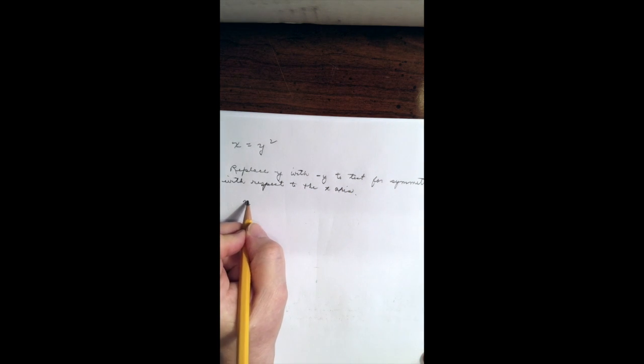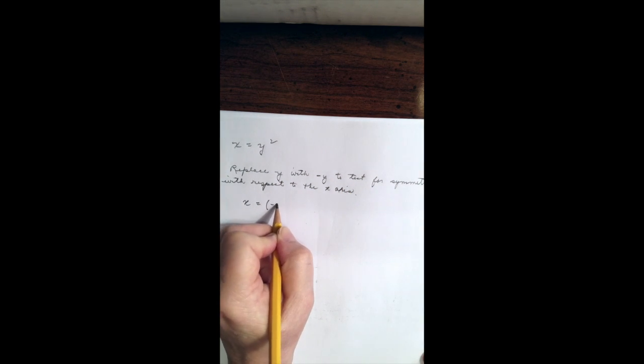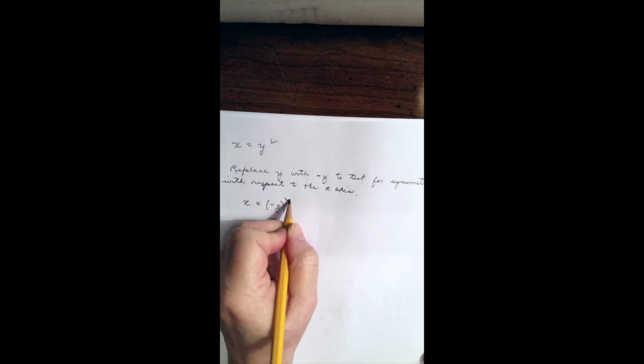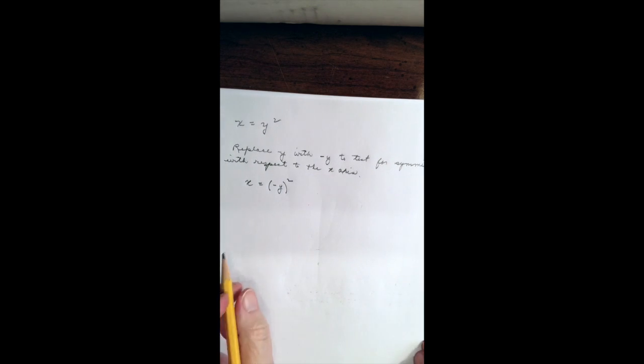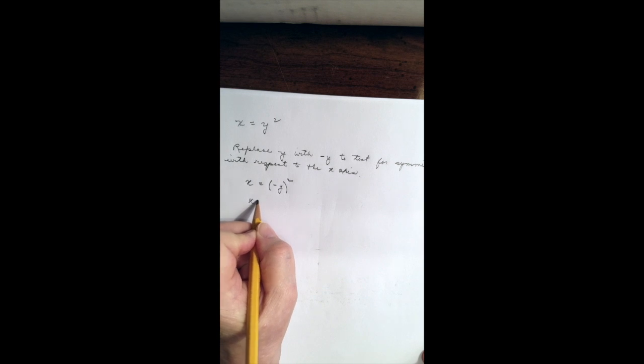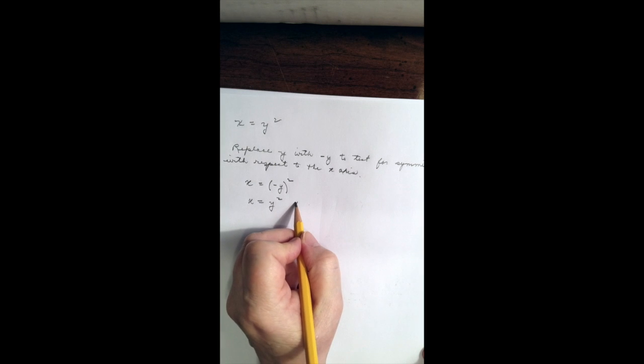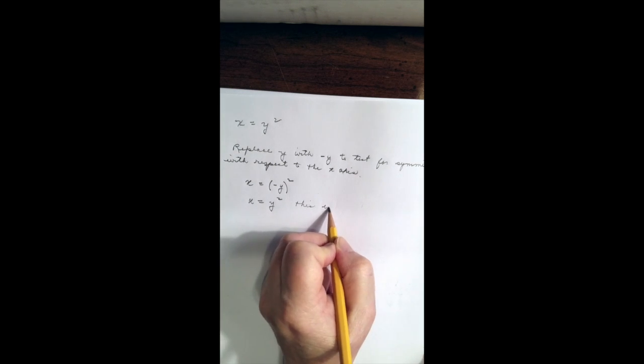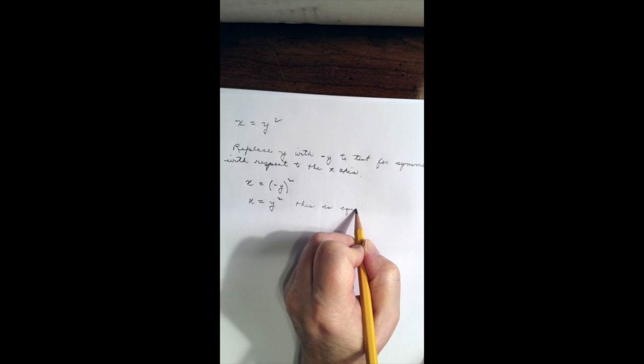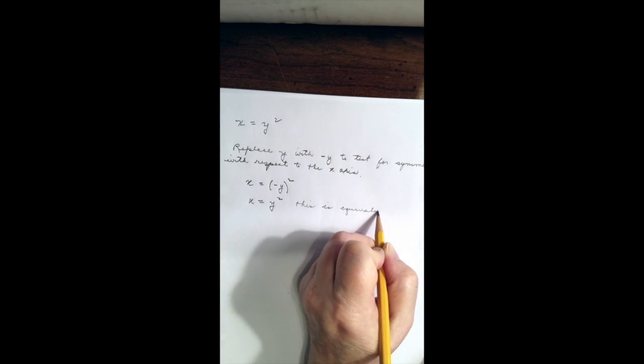And so we'll have x equals (-y) squared. If we simplify that, we get x equals y squared, and this is equivalent to the original equation.